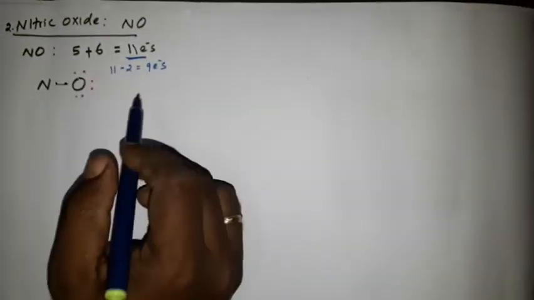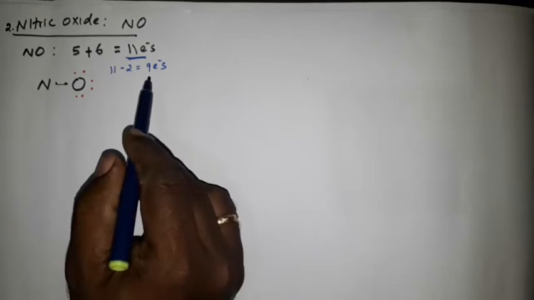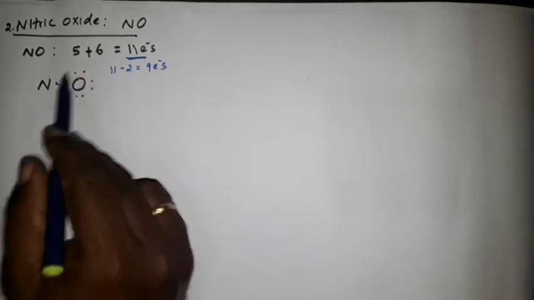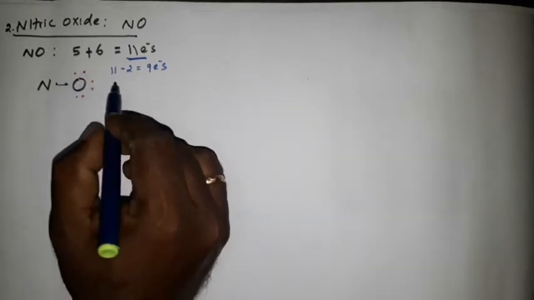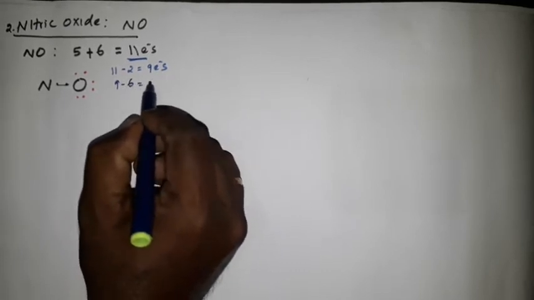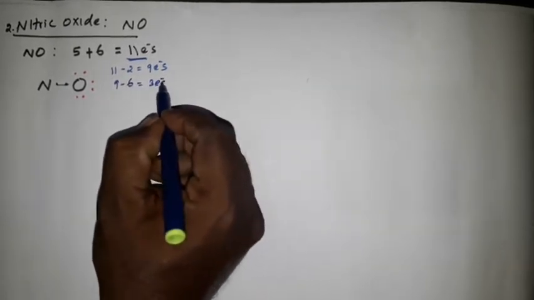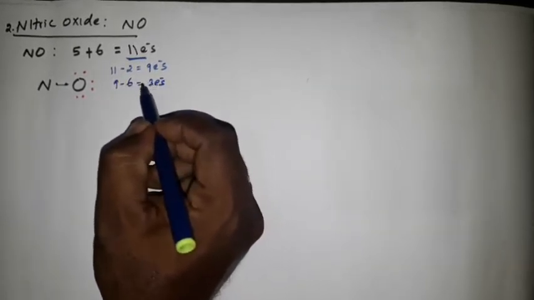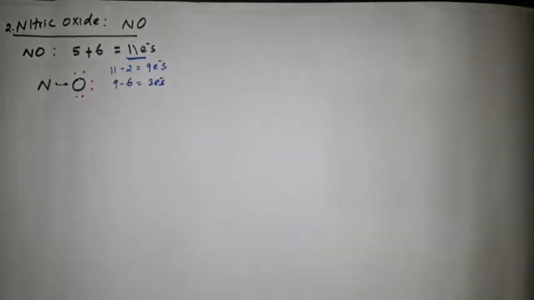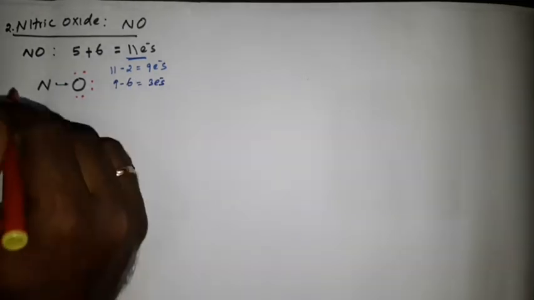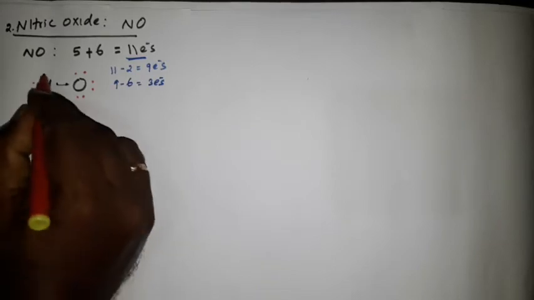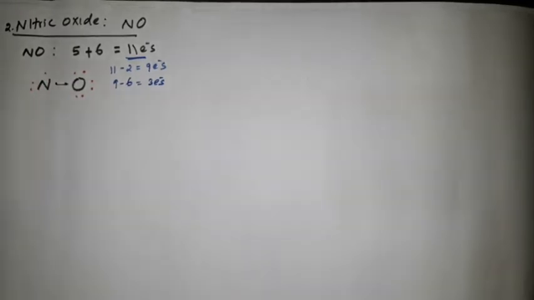See, now out of these 9 electrons, 6 are already shared. So, 9 minus 6, remaining 3 electrons. These 3 electrons will go to the nitrogen atom. So, 2 here and one more electron here. Now, check the octet.